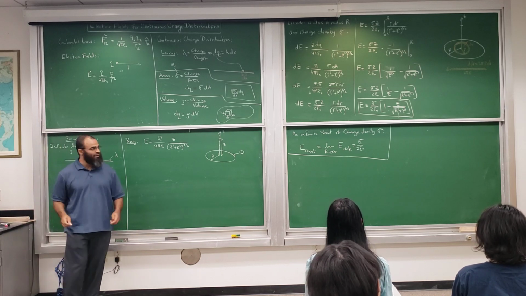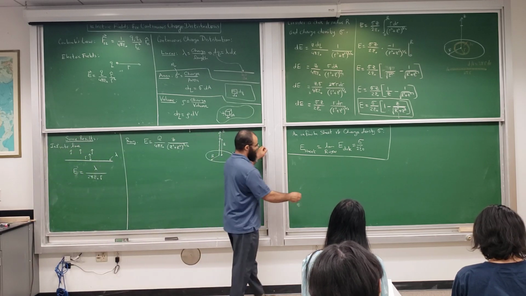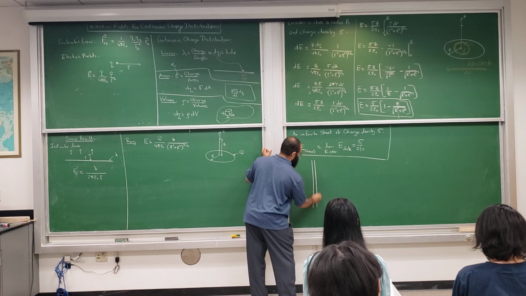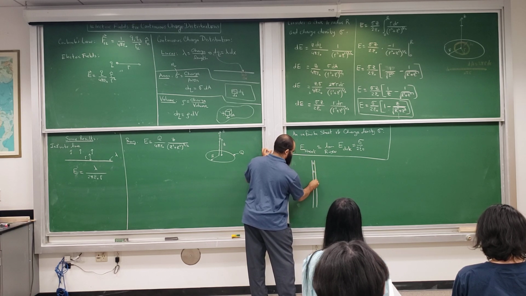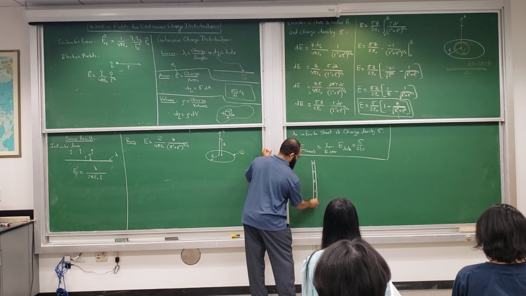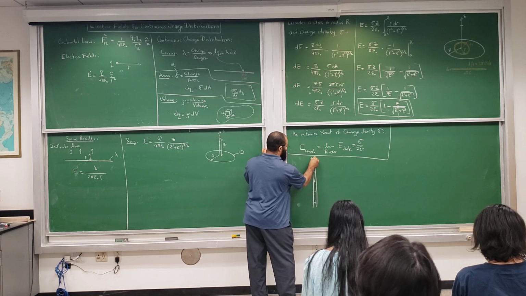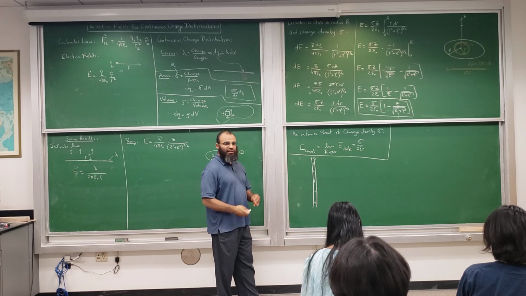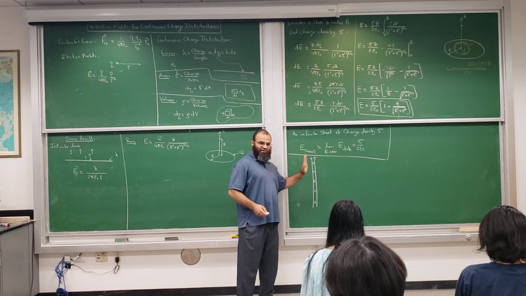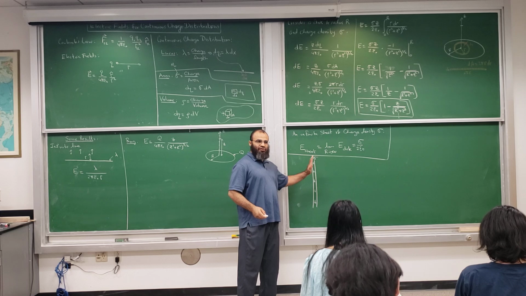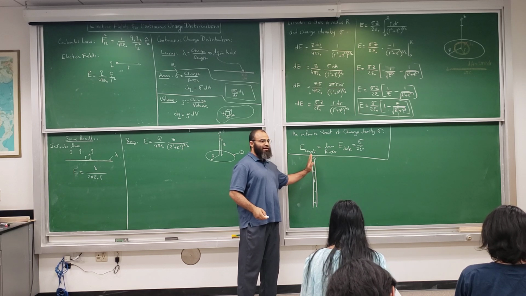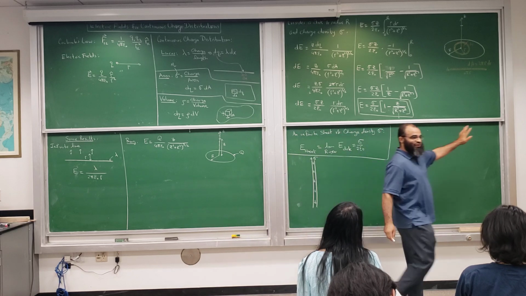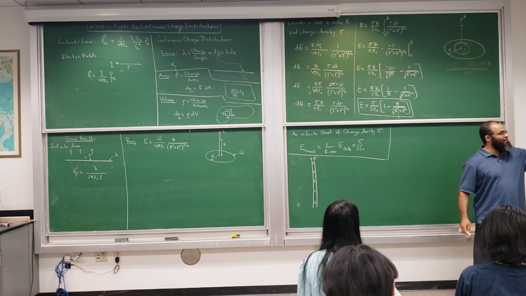Just to be sure, here's a sheet. Let's say it's a positive sheet with positive sigma, and I'm just drawing the side of it. Imagine this sheet is like a wall that is positively charged.